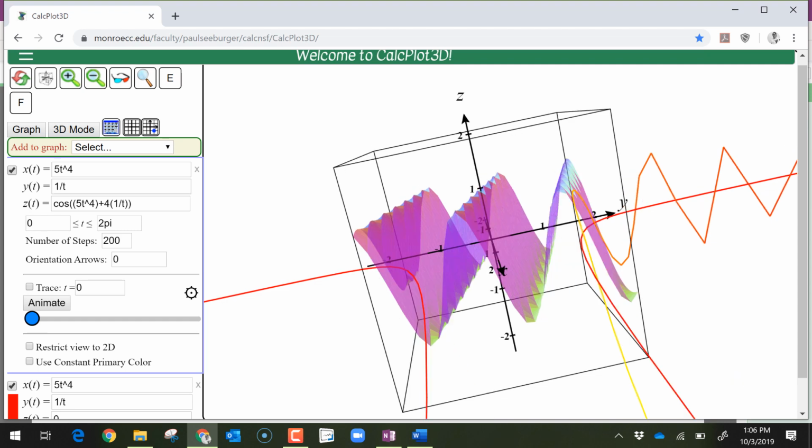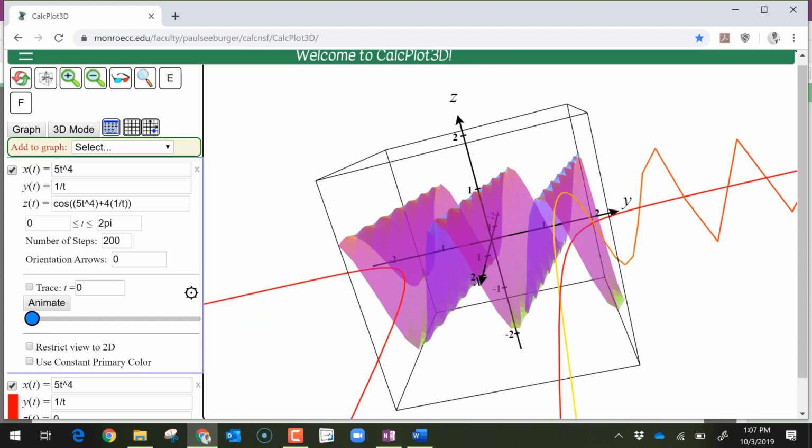I don't know about that one. It's going from, let's go from -3 to 3 like the other graph. And 200 steps.